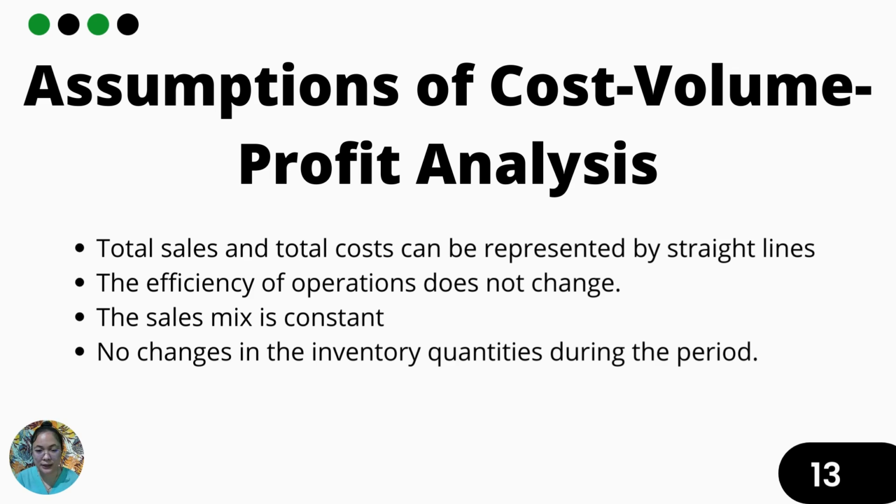The sales mix is constant. There is no change in the inventory quantities during the period. These assumptions simplify cost volume profit analysis. Because they are often valid for a relevant range of operations, cost volume profit analysis is useful for decision making.